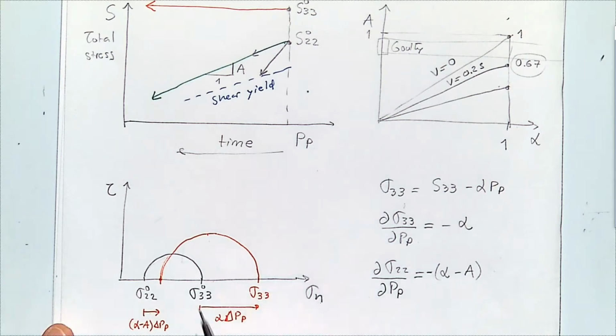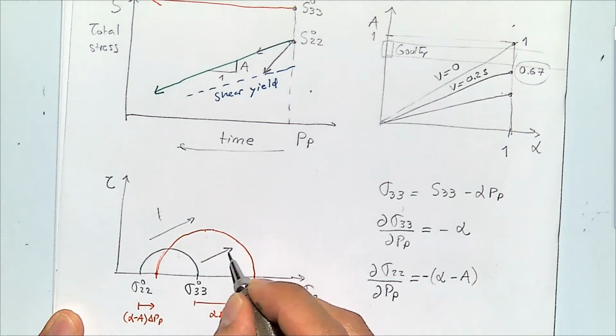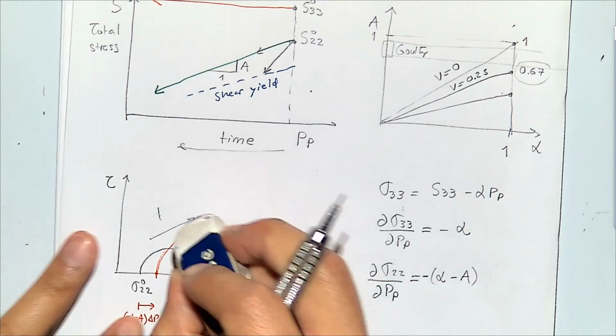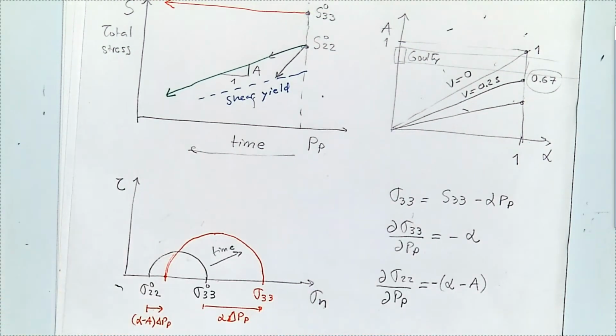And if you do depletion, this is going to be the result. The Moore circle is going to move to the right in terms of effective stress.